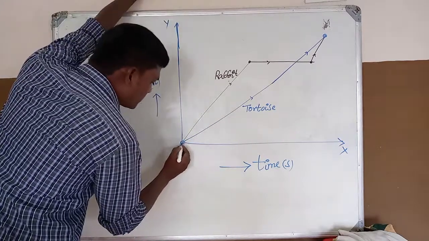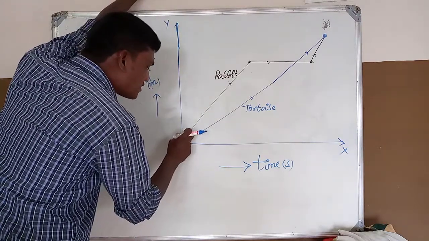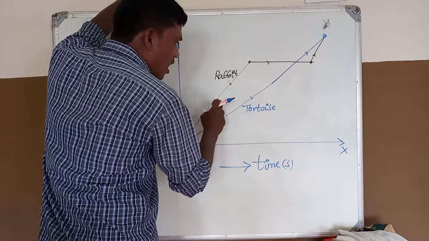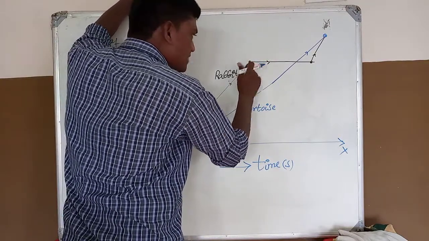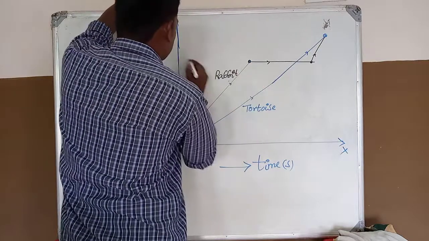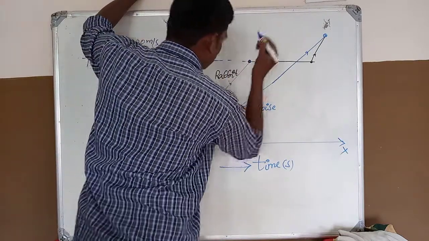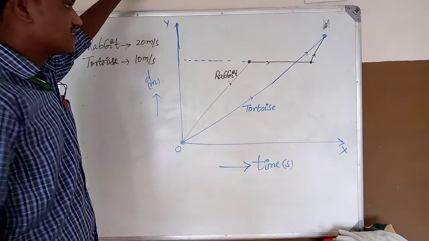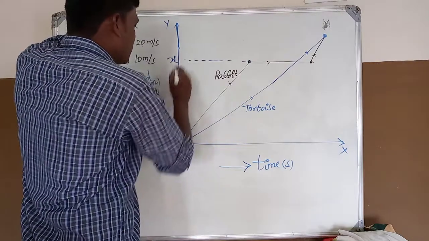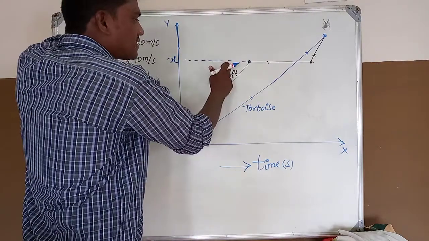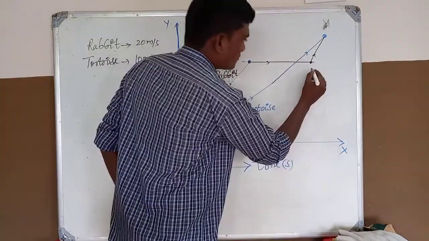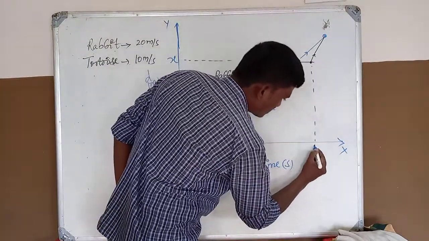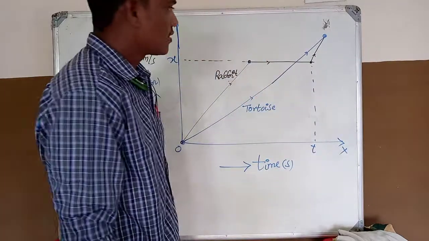So anyway, now let me come to that one here. What is in the story? The rabbit runs faster than the tortoise, and after running a certain distance, it takes a rest. That's why it is X. It means that after traveling X distance, the rabbit takes a rest for a certain time, T time, we considered.